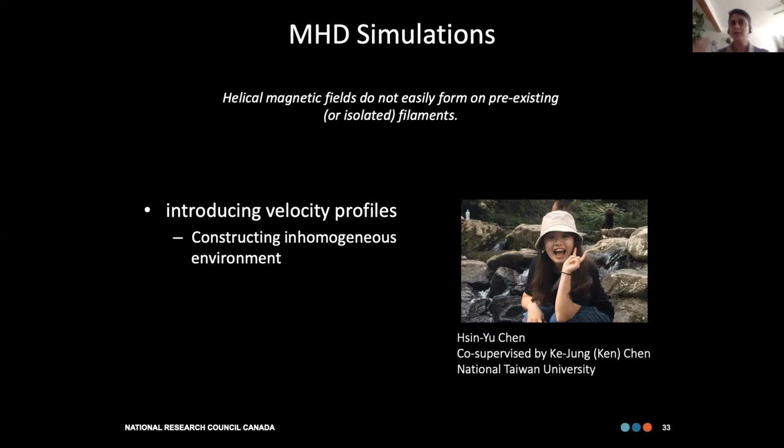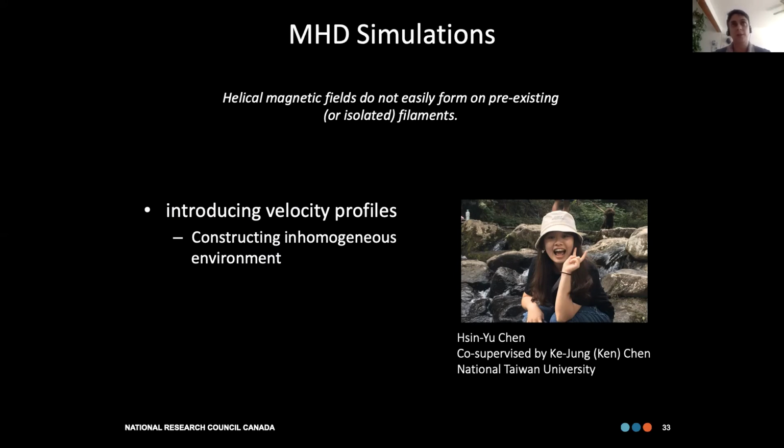So it's still somewhat isolated and easy to look at, but we are able to introduce inhomogeneous environments, for example, different velocity patterns or shocks, or specific velocities from one direction of the cylinder to the other, to see whether we can generate a strong reversal from the Earth point of view.